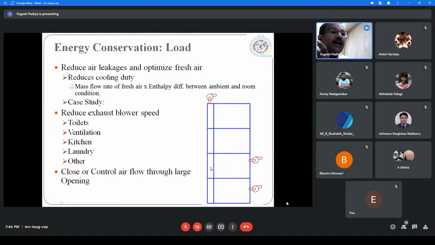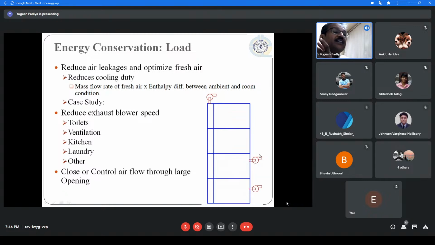In some hotels, I have found that you have a kitchen over here and a dining room over here, and both are air conditioned. Now, in the kitchen, you have an exhaust fan so that whenever they are doing some frying operation, all the exhaust shall be vented out and shall not affect the customers.